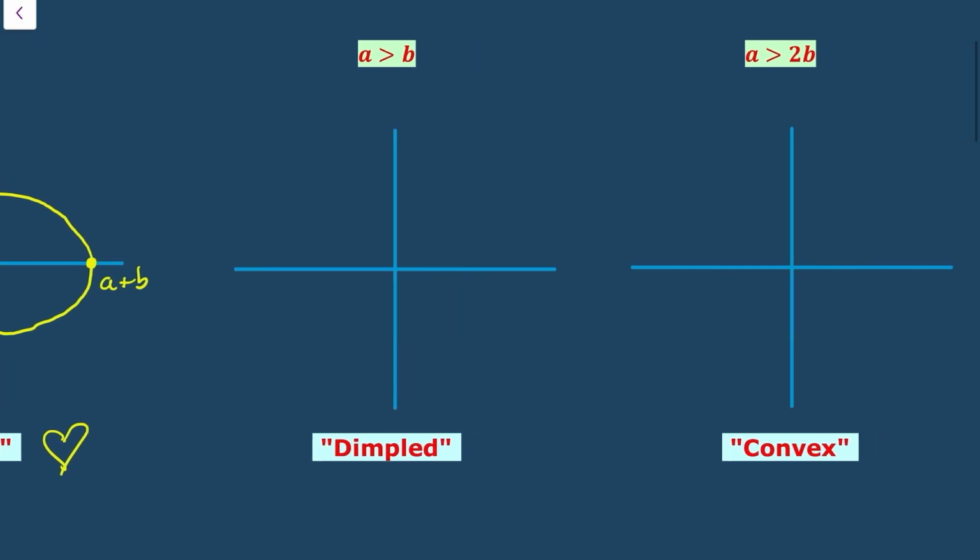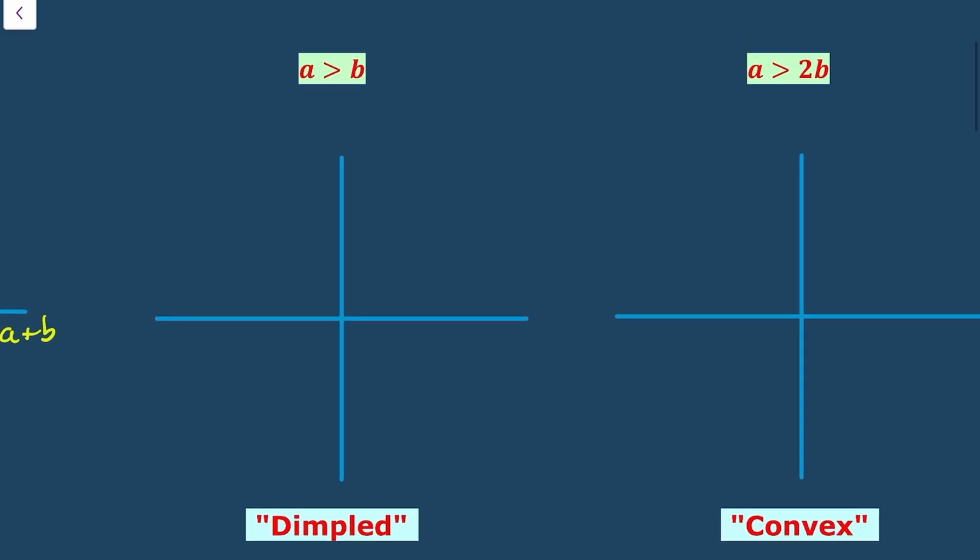When a is greater than b, I have what is called a dimpled limaçon. Again, I start at a plus b, and the same thing happens. I go along to a, and then I have this dimple here, so I'm not going to 0, 0.